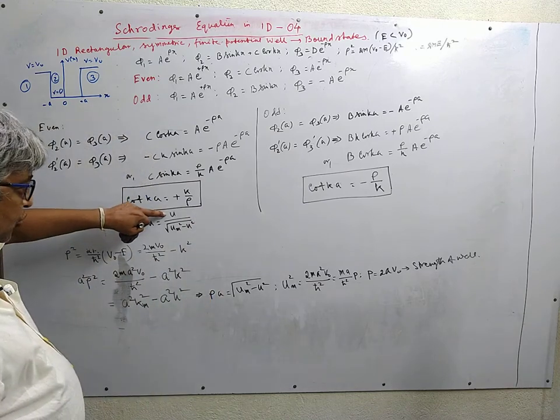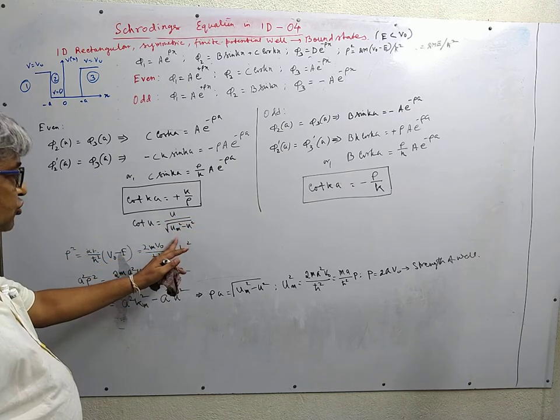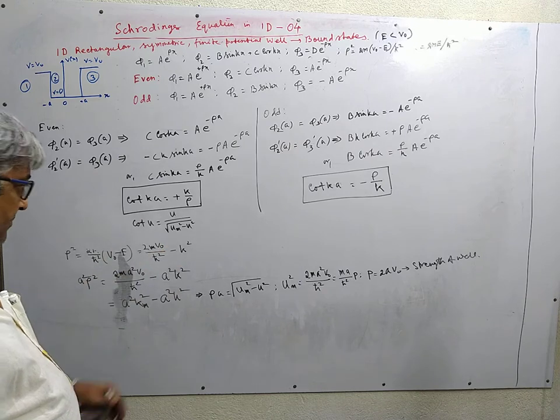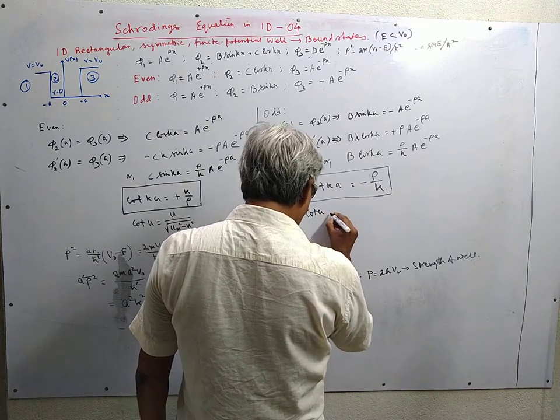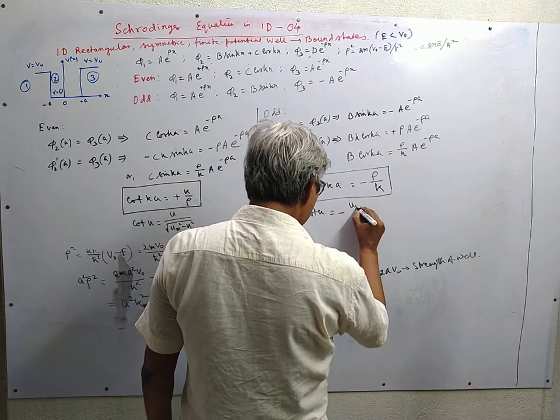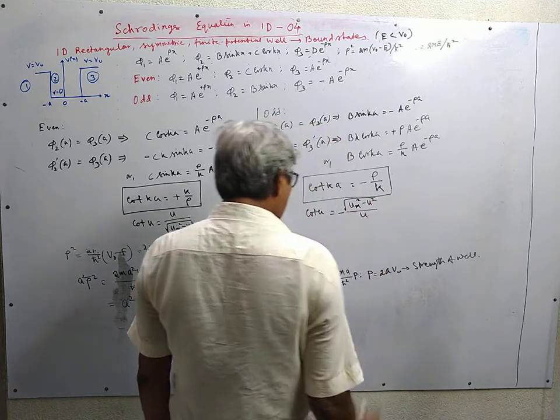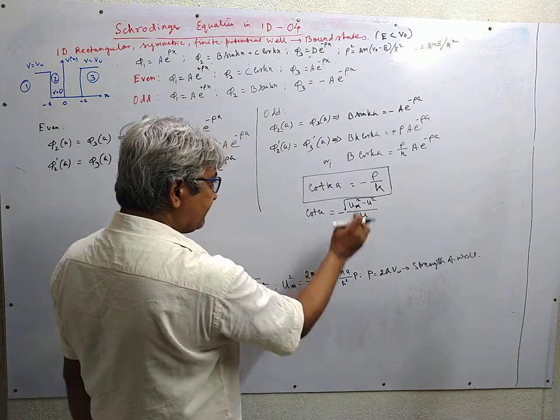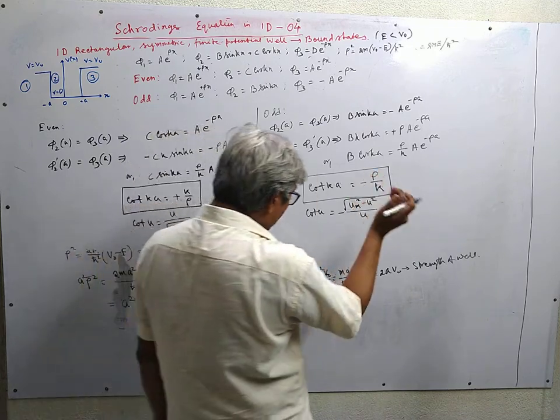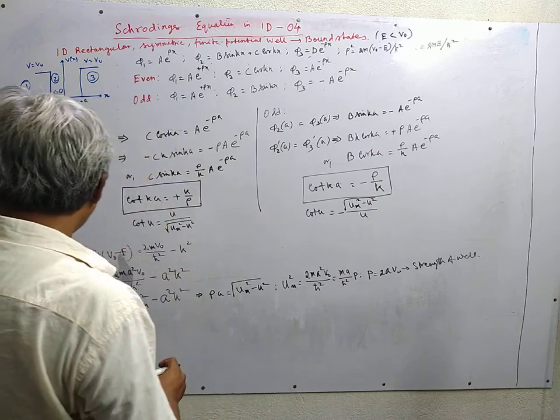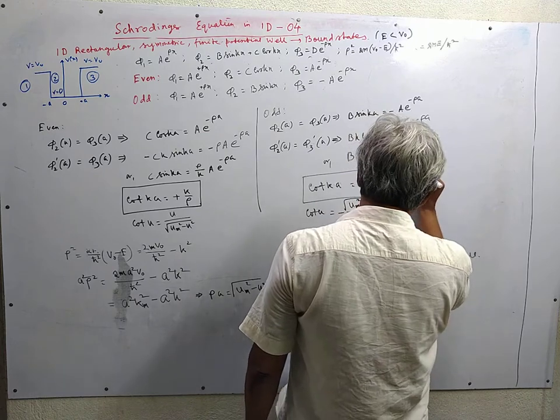As u is equal to 0, this part is 0, and as u tends to um, this goes to plus infinity. This part again, cot u is equal to minus root of um square minus u square by u. As u goes to 0, this goes to minus infinity, and as u tends to um, this tends to 0 minus.